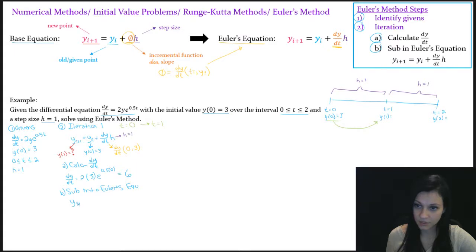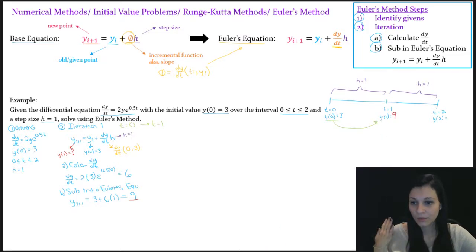So y_{i+1} is going to be y_i, which is 3, plus dy/dt, which is 6, times 1, which gives us a value of 9. So the y value at t equals 1 is 9.